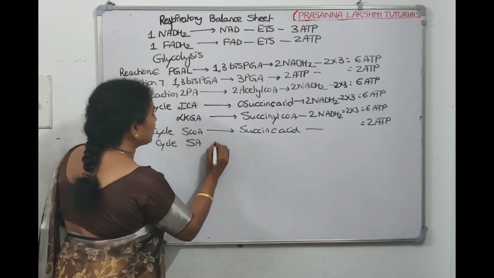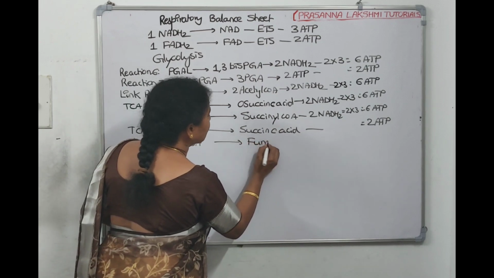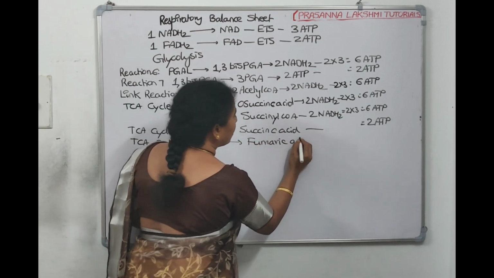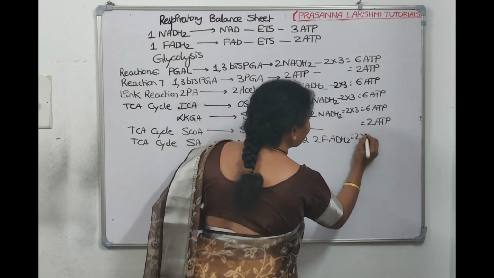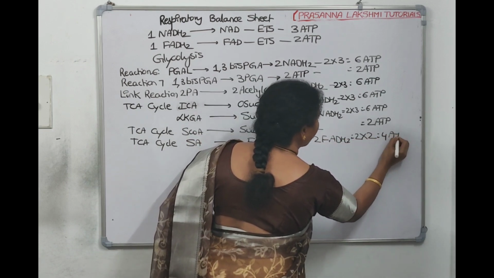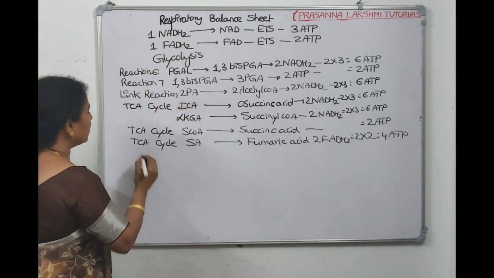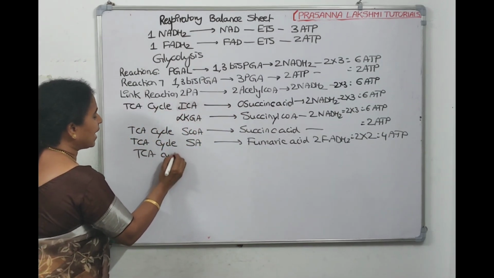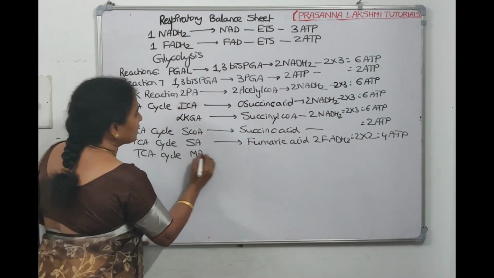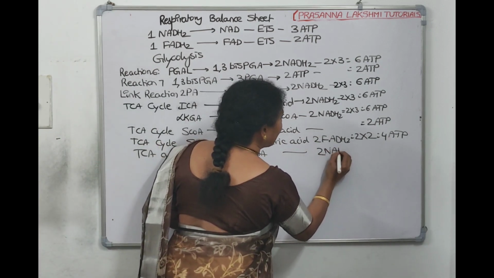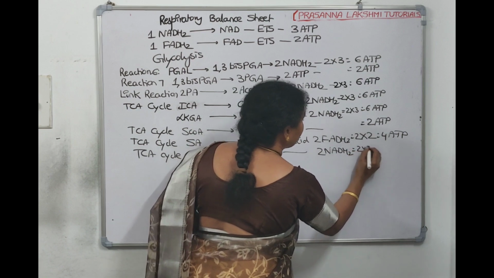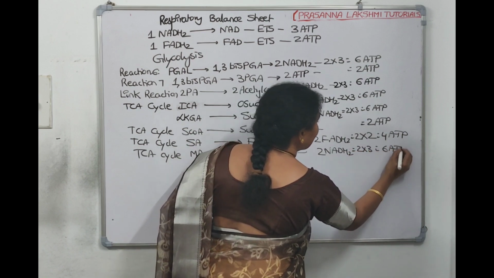When succinic acid gets converted to fumaric acid, 2 FADH2s are made. Each FADH2 will give 2 ATP. 2 into 2, 4 ATP. Then again in the TCA cycle, the last one, where malic acid gets converted to oxaloacetic acid, 2 NADH2s are made. So 2 into 3, 6 ATP.